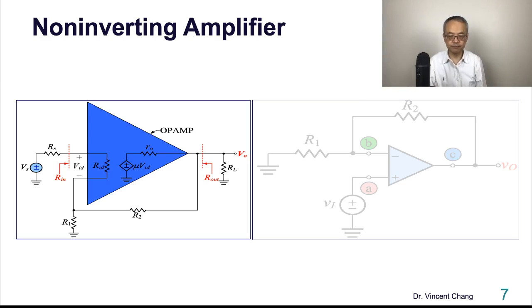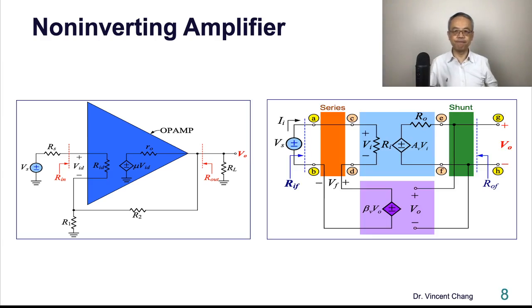Under what condition? When Rs equals 0, zero source resistance, and infinite load resistance, and also the operational amplifier is ideal. So it's the special case of the left-hand side.